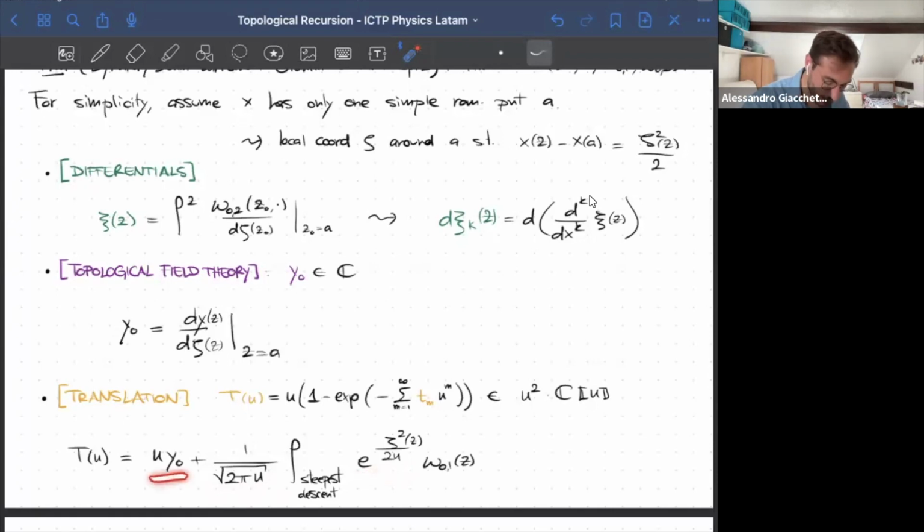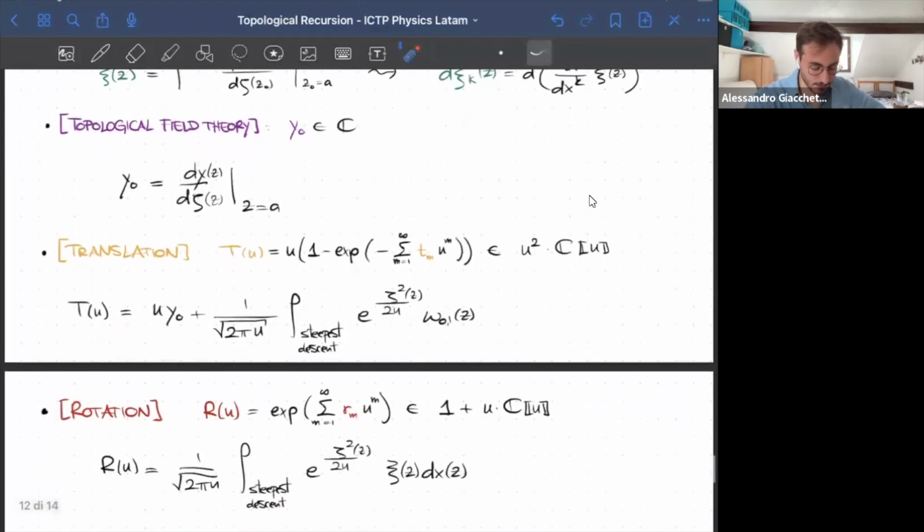And this term here is designed in such a way that you get rid of the coefficient of u to the 1. Long story short, you can define a bunch of numbers from this steepest descent integral that we call T.